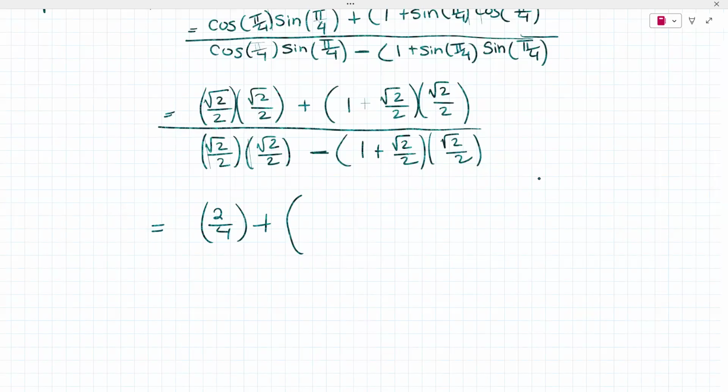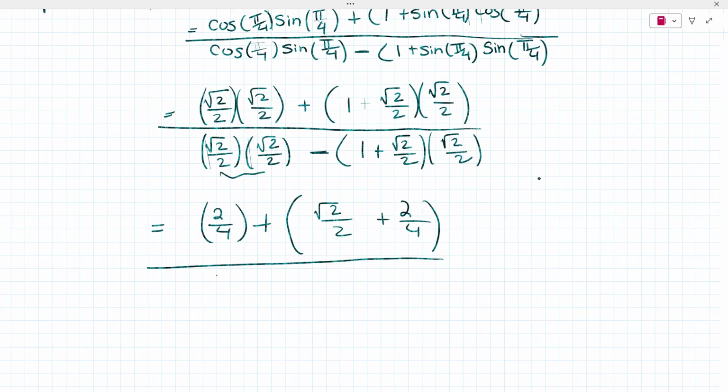When you multiply this out, you would get radical 2 over 2 plus 2 over 4, all over. And then over here, if you FOIL that out, you get 2 over 4 minus, and over here, when you clean this out, you get radical 2 over 2 plus 2 over 4.